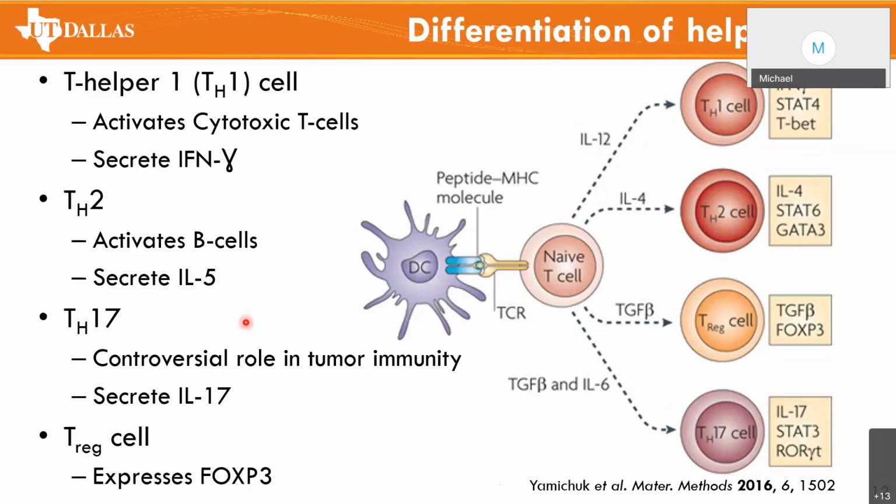And T regulatory cells are produced by TGF beta, and these are suppressor T cells, which I will talk about later on. But you can find them by the expression of TGF beta and FOXP3.